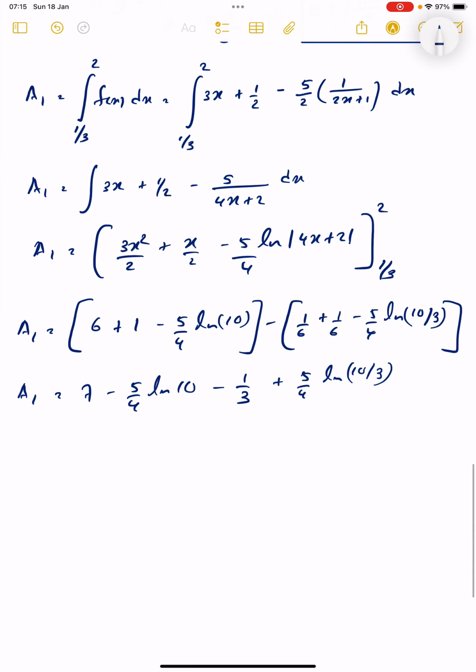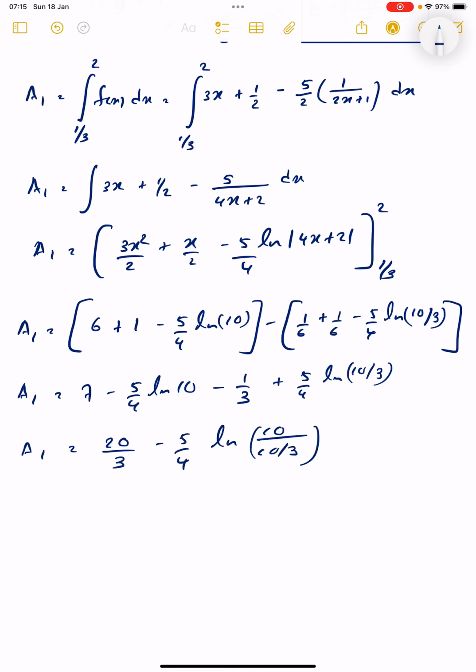So let's take this now. A1 would be 20 by 3 plus, let's take the minus sign out, minus 5 by 4 ln 10 over 10 by 3.